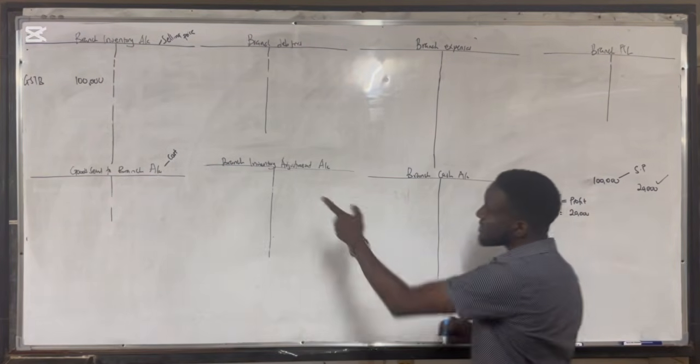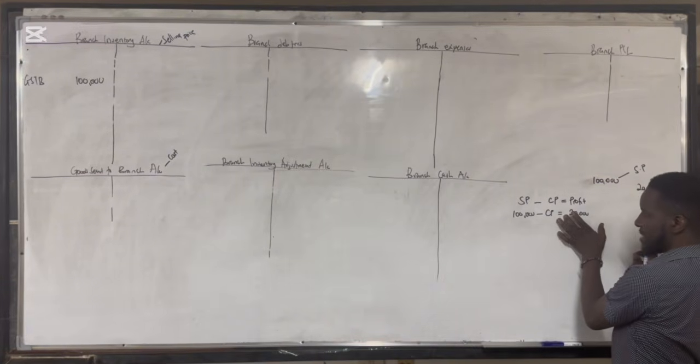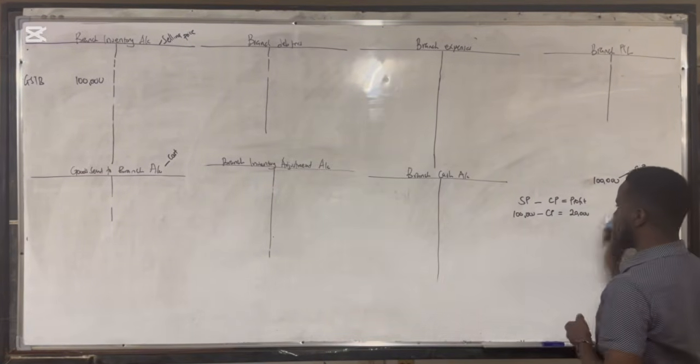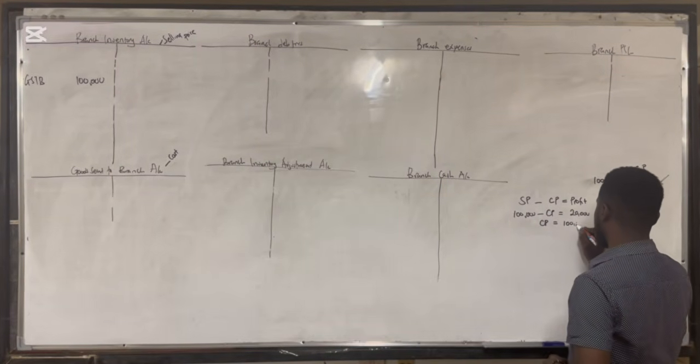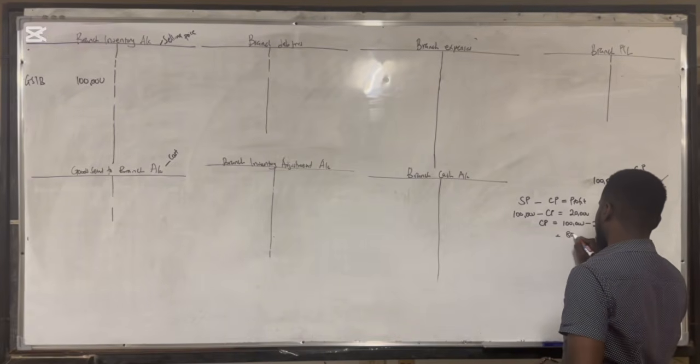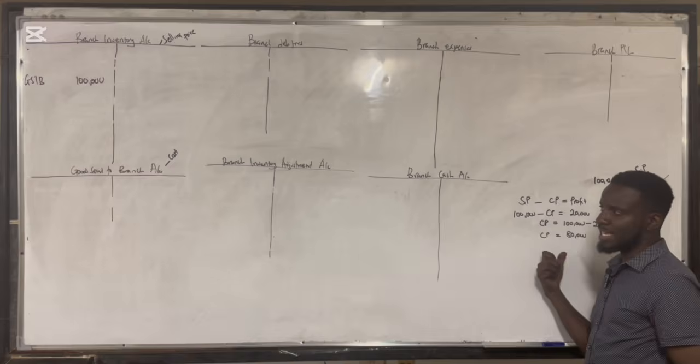Now, if the profit is already included, the profit element I'm going to get is 20,000. So for me to get my cost price, I'm going to say cost price equals 100 minus the 20, which is going to give me 80,000. So my cost price then becomes 80,000.